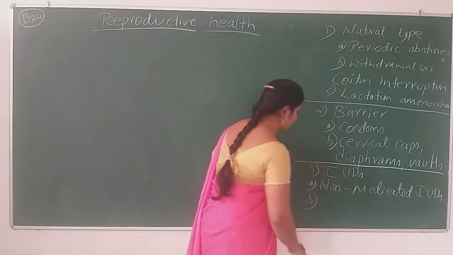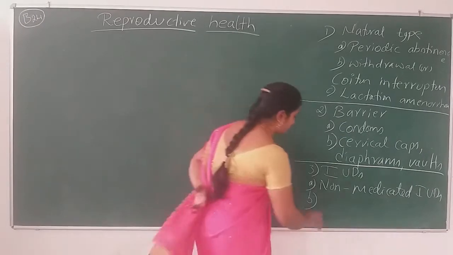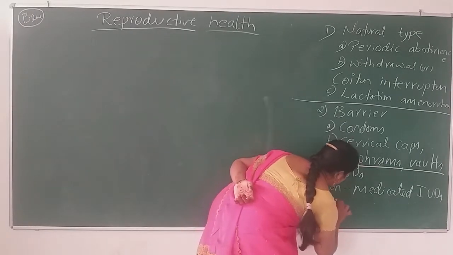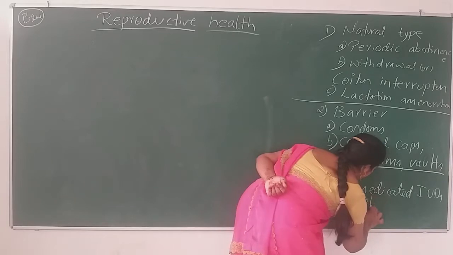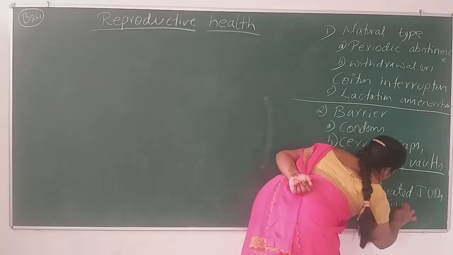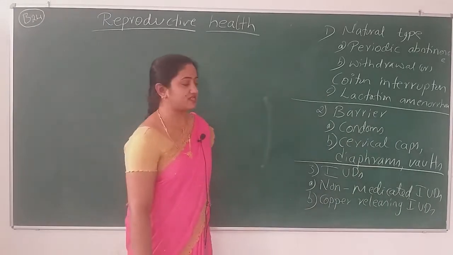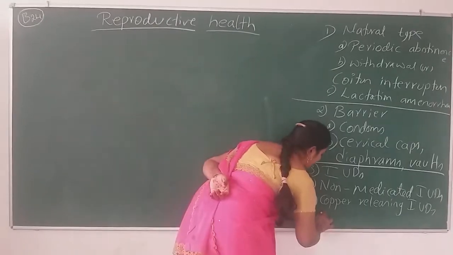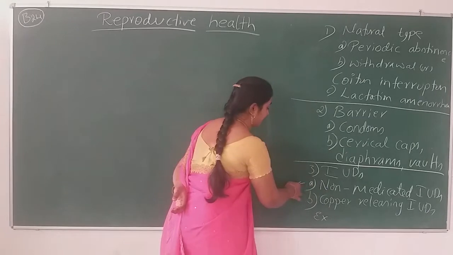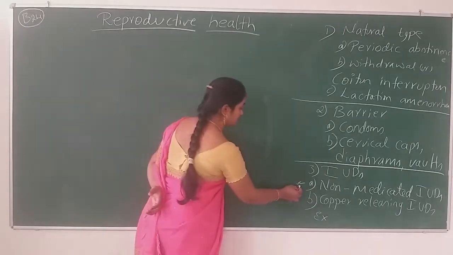And the second type of IUD is copper releasing IUDs. Let me write the examples here so that you can make them out easily.